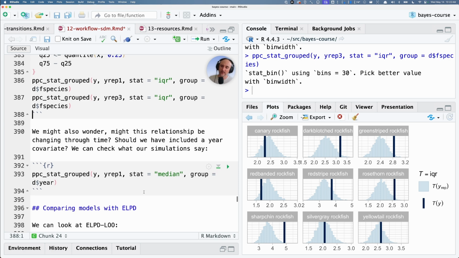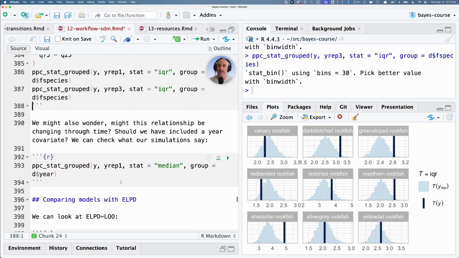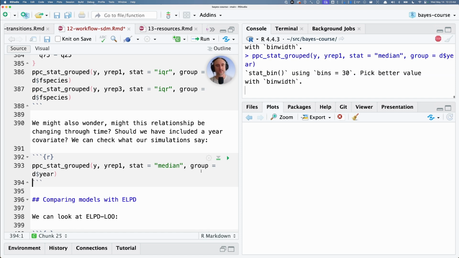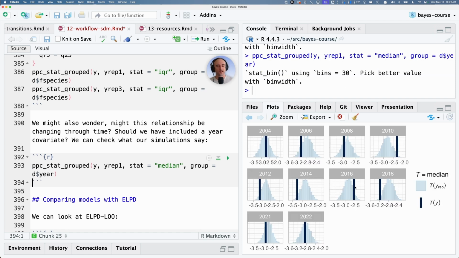The other important thing would be to plot our simulations against variables that were not included in the model. So let's do a simple one here from our simplest model, and I'm going to group by year to ask, should I perhaps have included year? And so we get this, and the main conclusion I would take from this is that no, probably not.